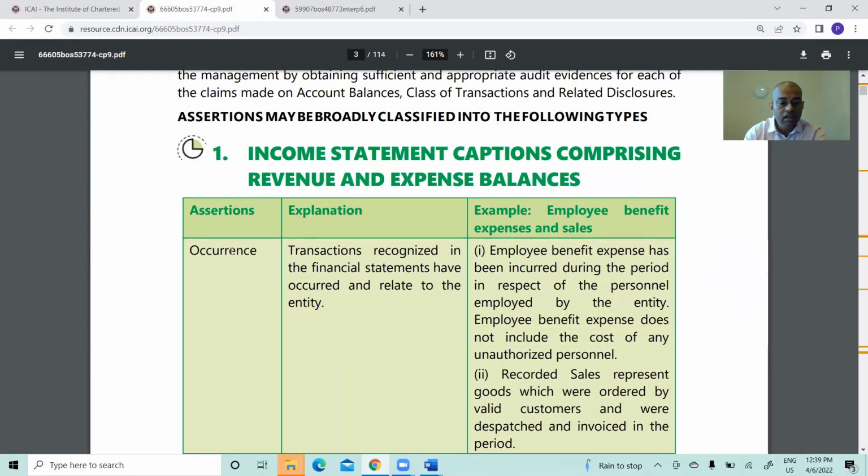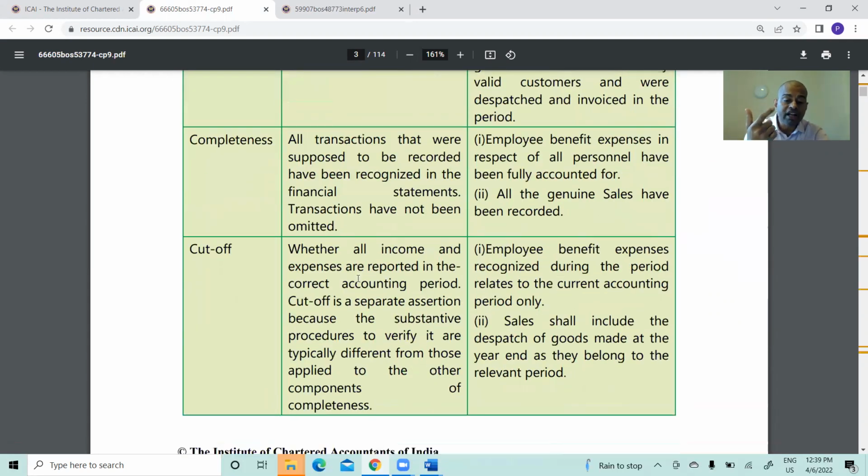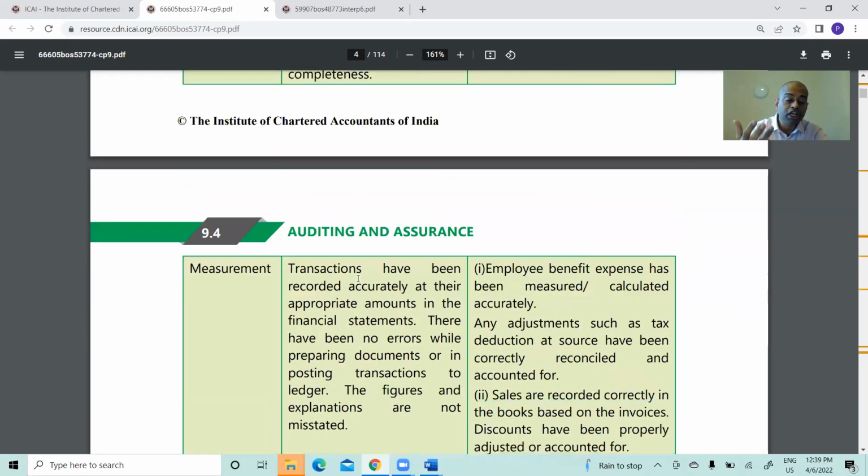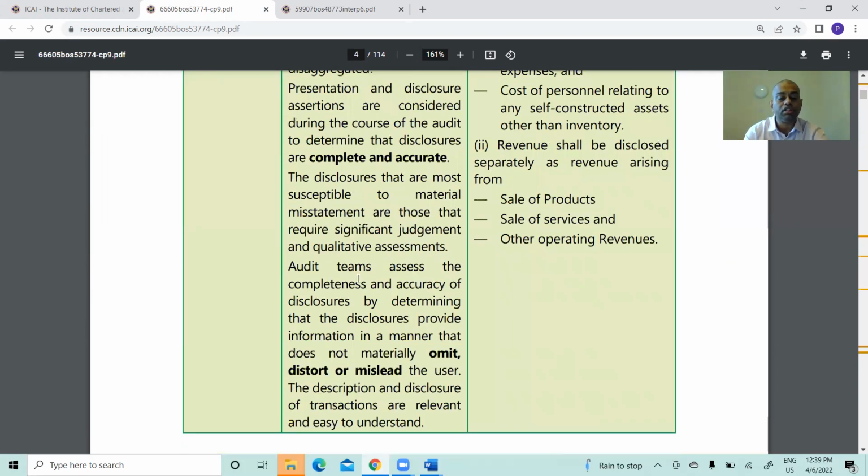If you look at income statement captions, what are they? Transactions comprising revenue and expense balances. This is what I have already shown you in the Word document. What are all the debits and credits to P&L? Occurrence, completeness, cutoff, measurement, presentation and disclosure.